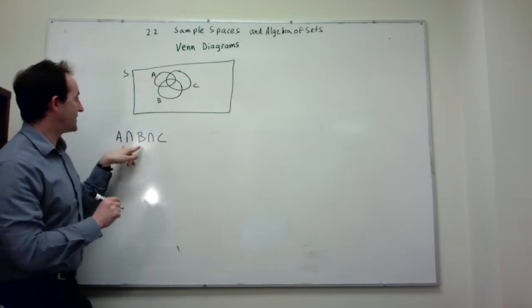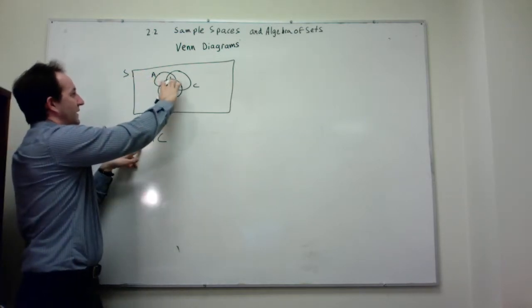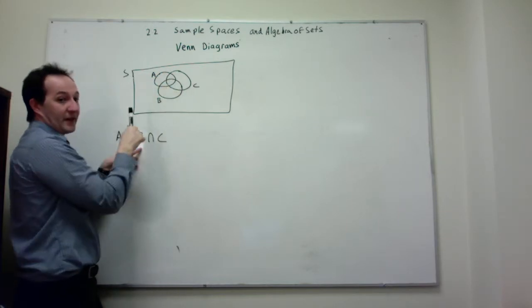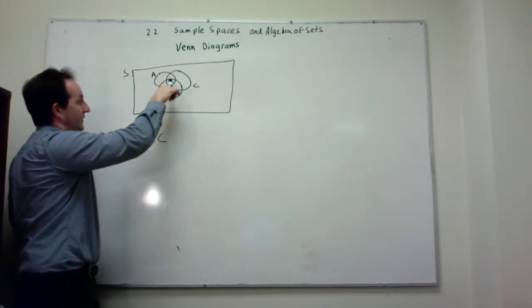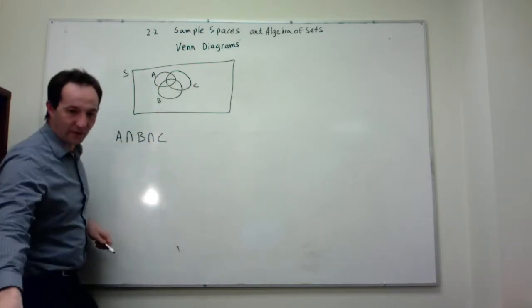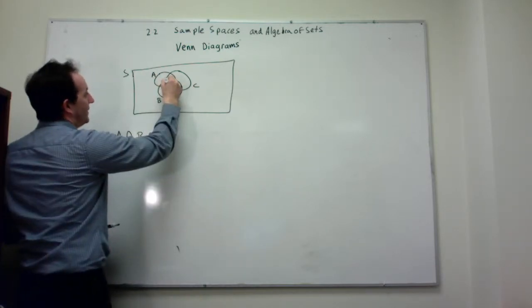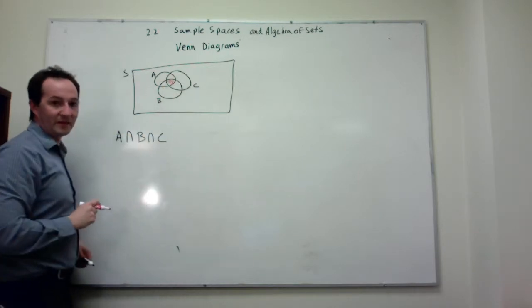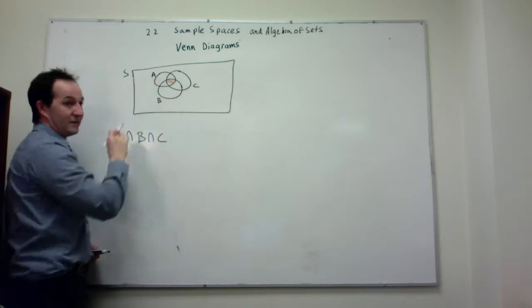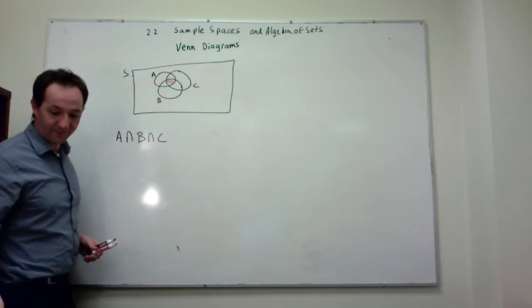So A intersection B is this set here. And then if you take the intersection with C, it's the set of elements that are in A, in B, and in C. So A intersection B intersection C refers to just that little region there.